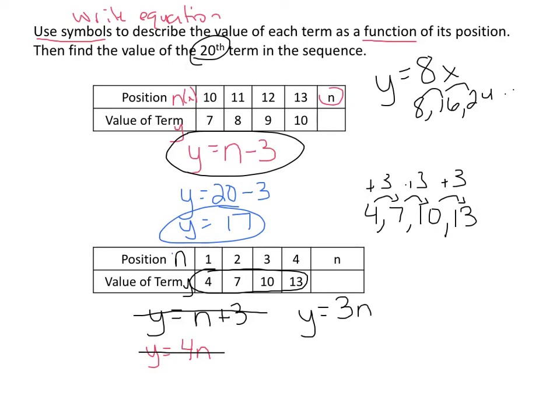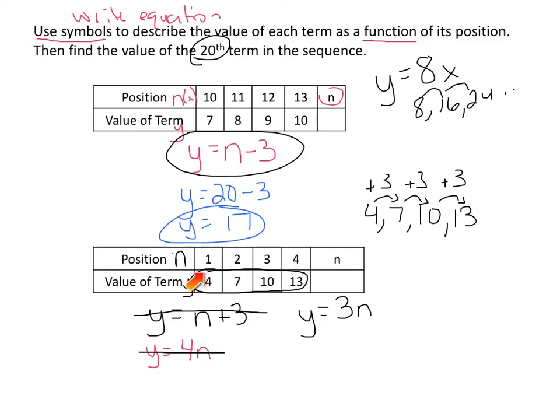Now you might be saying, wait a minute, Mrs. Whitney, that doesn't make any sense, because if I multiply 1 by 3, my answer is only 3. Sometimes, however, sequences have a hidden pattern to them because we're not just doing a single function or a single operation. If I take 3 times n, I would get 3, but my value of my first term is 4.